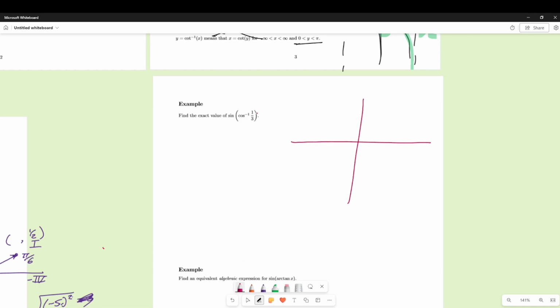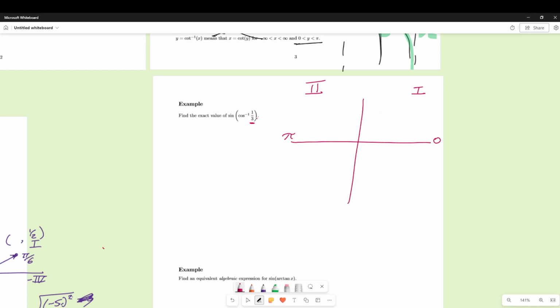So, cosine, the sine of the cosine inverse of 1/3. Well, we know the cosine inverse is only defined in quadrant 1 and quadrant 2, because it's only defined between 0 and pi. So we have to be somewhere in those two quadrants. We also are looking at a ratio for cosine that's positive.